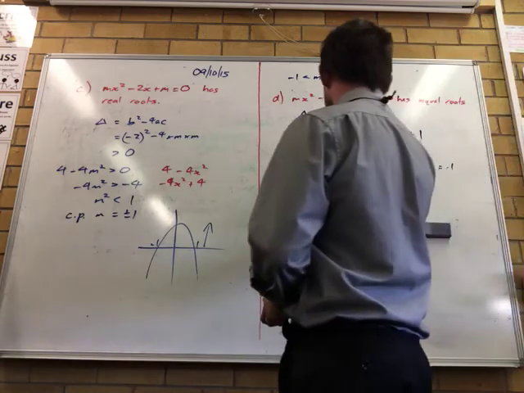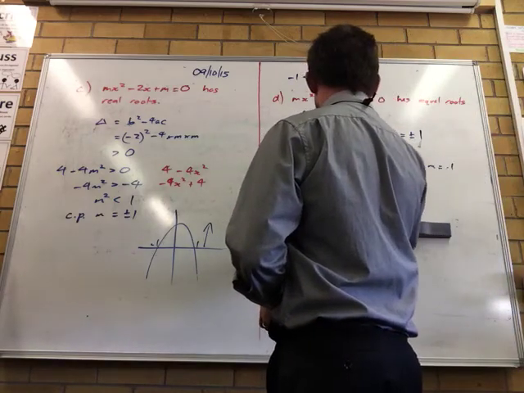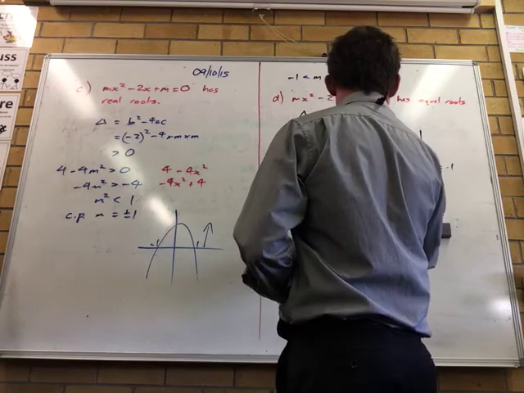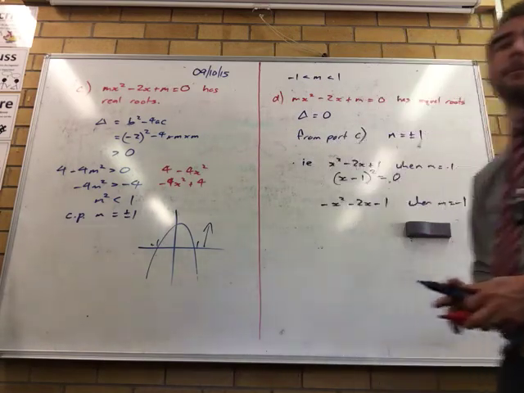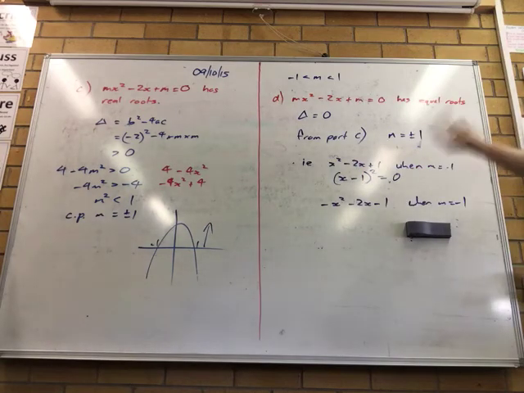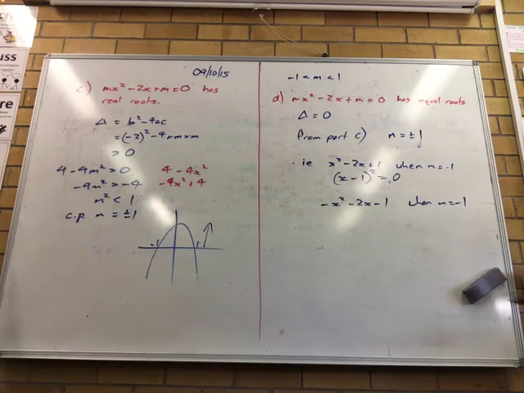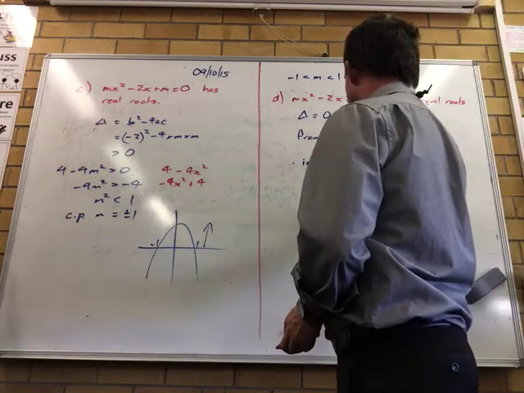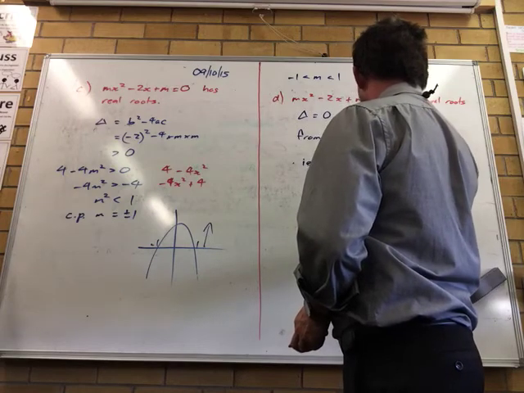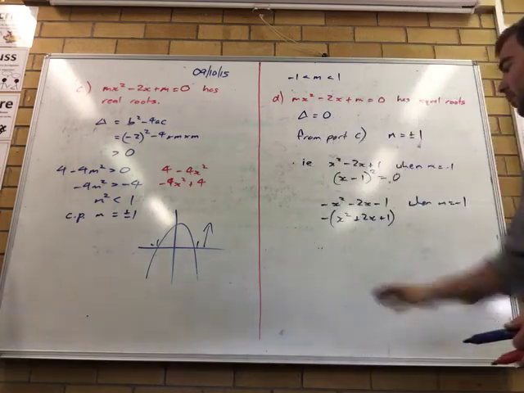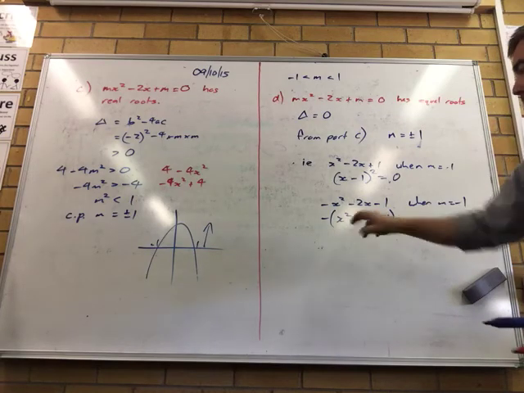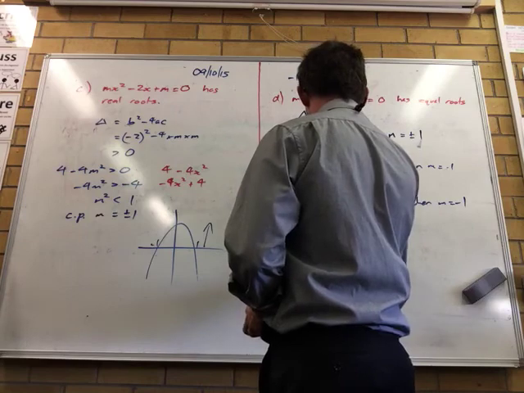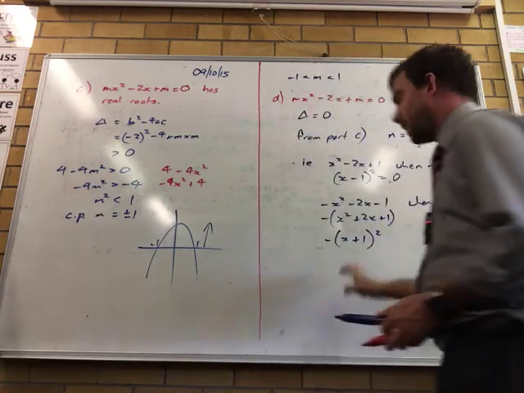It is also equal to negative x squared, take away 2x, take away 1 when m equals negative 1. If I factorise the negatives out, I can show that I only had one root. So take away x squared plus 2x plus 1: two numbers multiplied to give 1, same two numbers add to give 2. So we've got negative x plus 1 all squared, and that only has one root.